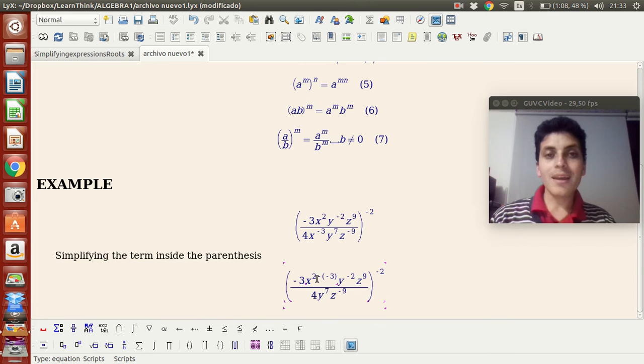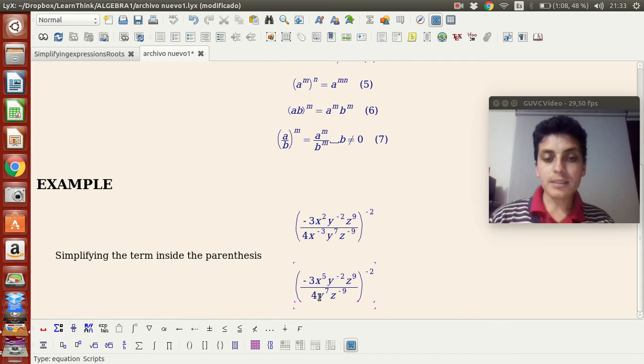And if you're not so good in math or you're learning this, I prefer that you write this before simplifying. In this way, you're not going to have problems with signs. Here it will be 2 minus negative 3, that is positive 5. So it's x to the 5th power.